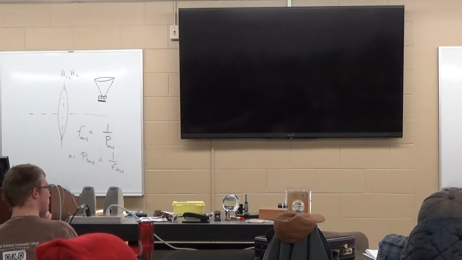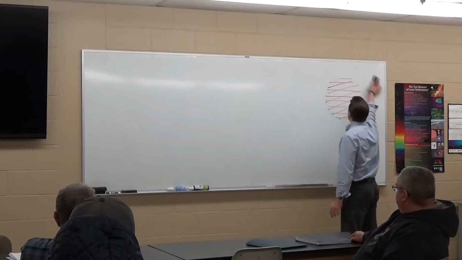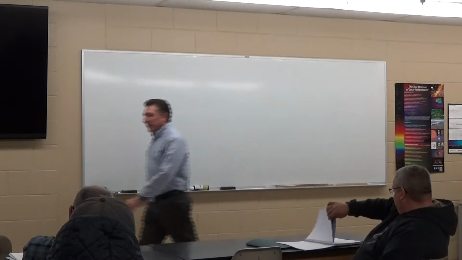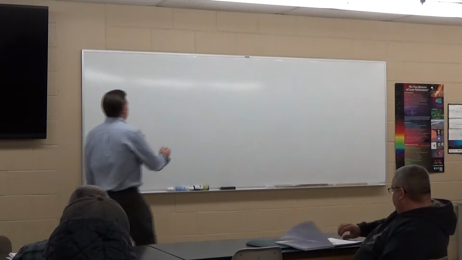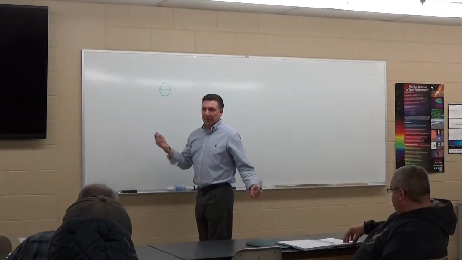So, like everything else in life, there is an equation that dictates what that is. And this is one of the questions that you're going to be asked in the lab today. If you have a laser beam of a certain diameter, the divergence of that beam is just an angle.